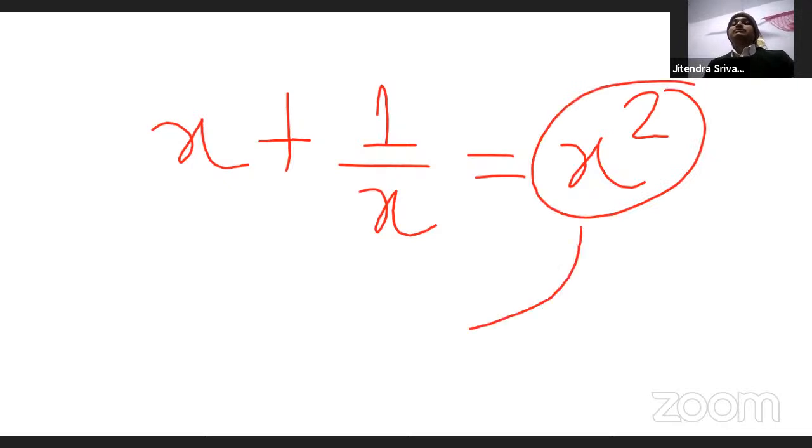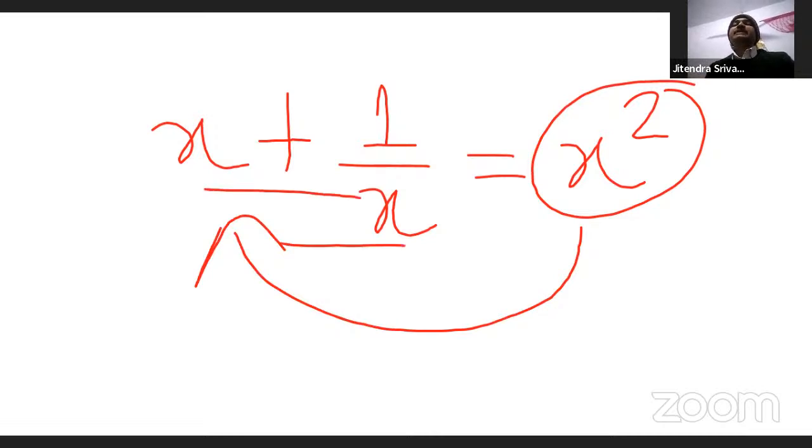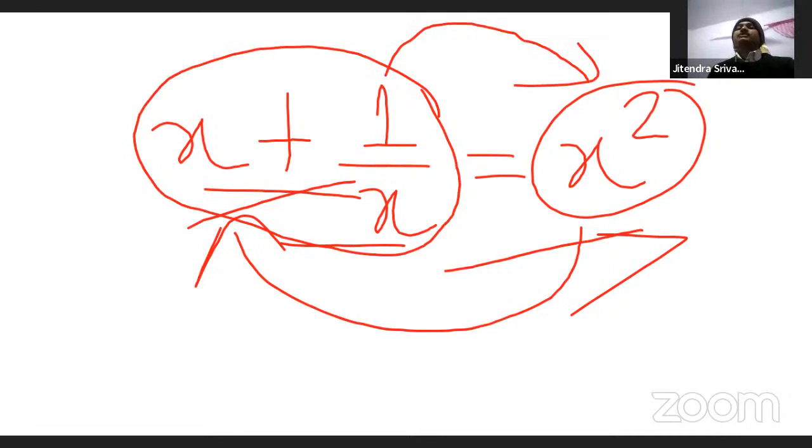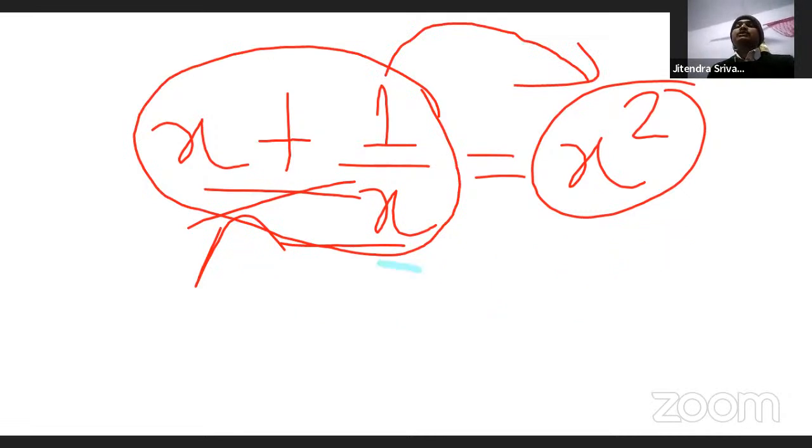Either we will bring x square to this side, or we will first solve this equation and bring those terms to this side. I will solve this equation, then I will bring this to this side. So now I am doing this.